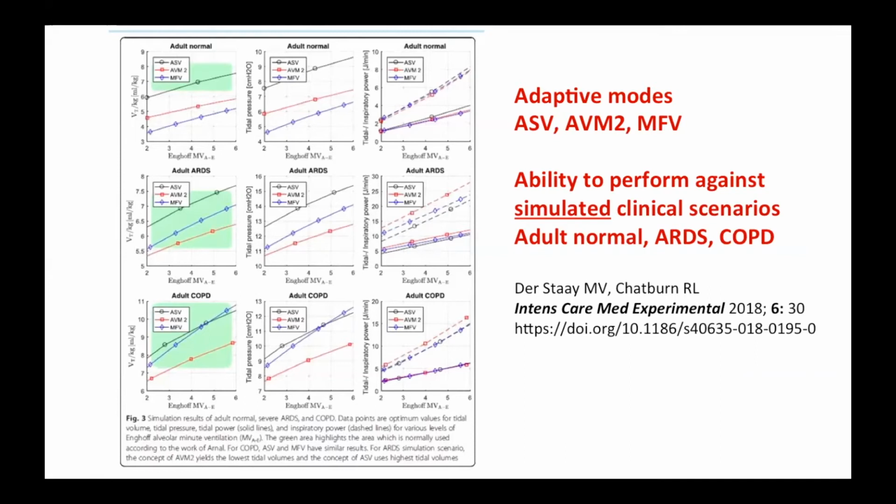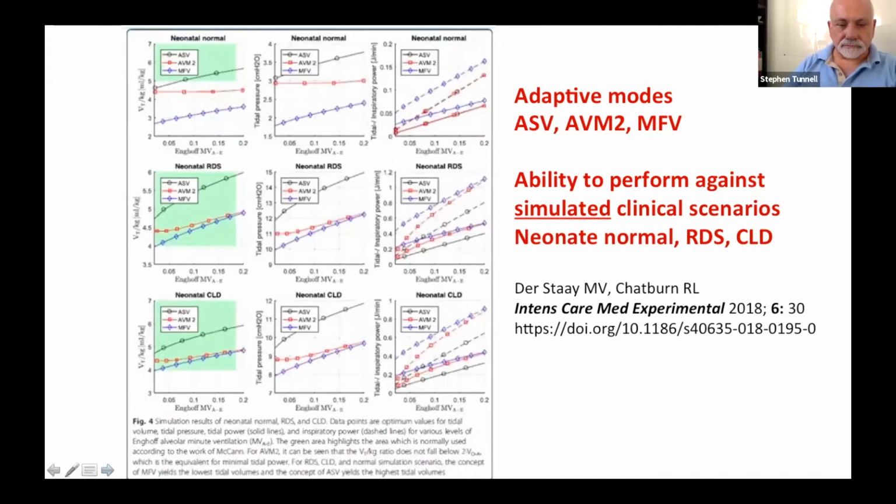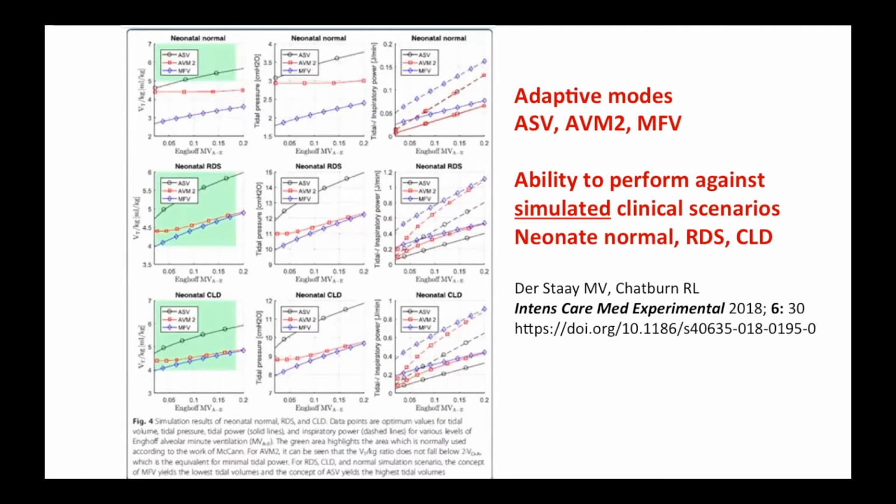And they do show the ability of the technology to optimize, to move towards an optimal target and to maintain that targeting across a range of ventilations. And this is also true. This has also been found when the simulation has been carried out on neonatal normal lungs, respiratory distress syndrome, and chronic lung disease.